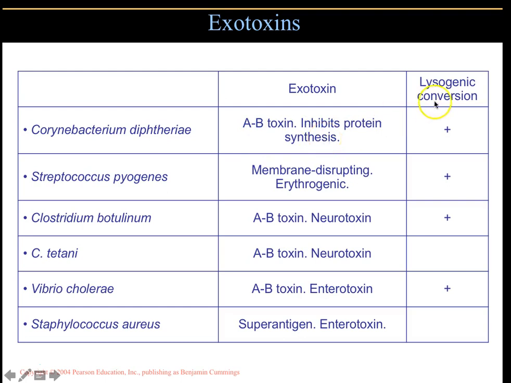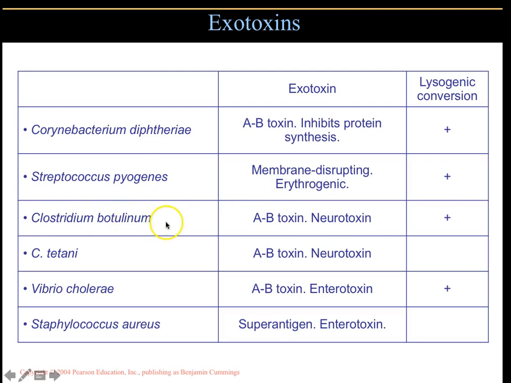Now I'm not going to get into lysogenic conversion, so we can forget about that. That's a separate discussion, and I'm just not going to cover it on the quiz. Strep pyogenes is going to give you septic sore throat because of an exotoxin that is erythrogenic, meaning that it destroys red blood cells.